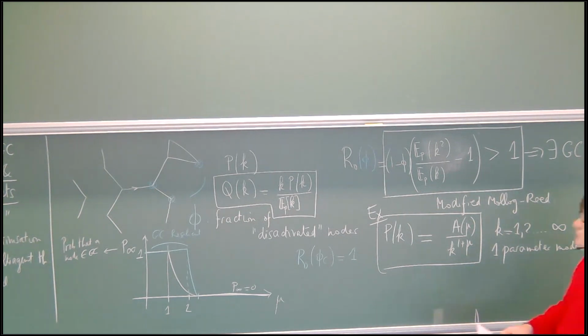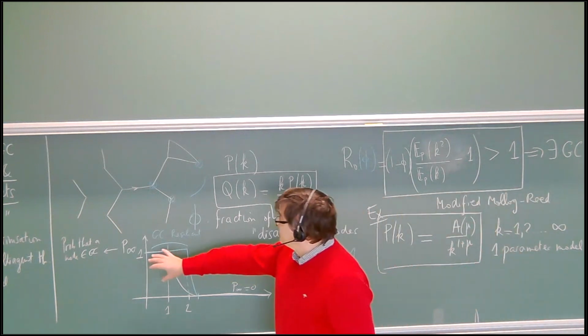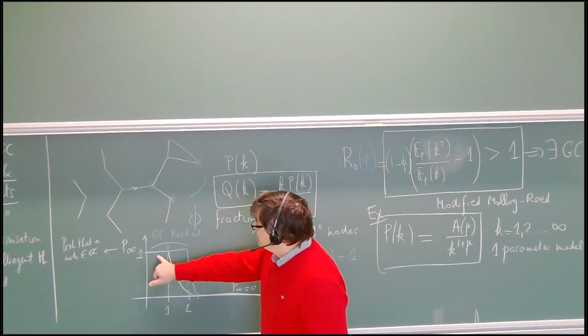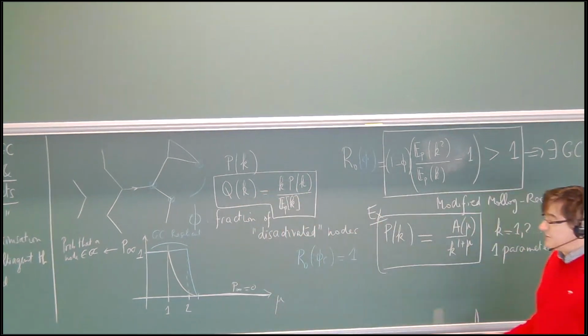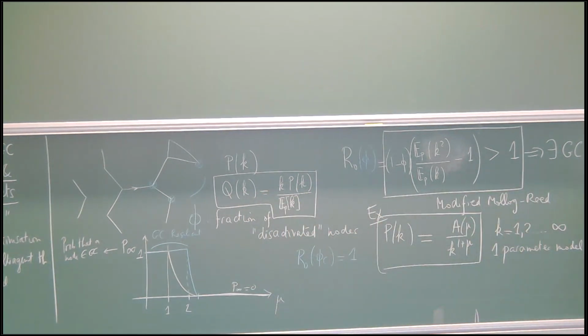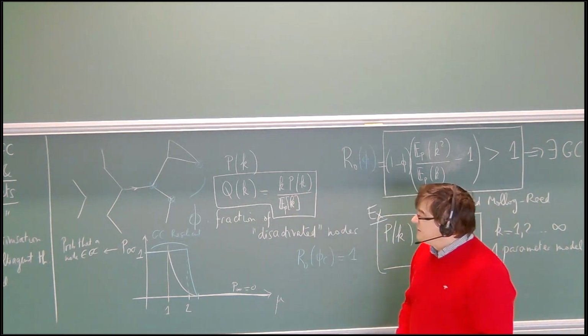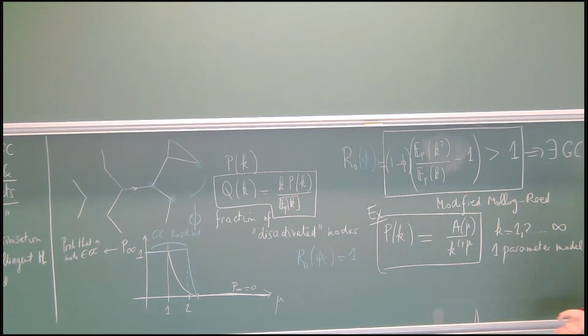And in a sense, it's intuitive. It's related to what I told you here. I told you that the P infinity is equal to 1 in this region because of the hubs. So if you target the hubs, then you're going to remove the giant component much more efficiently. And the idea of targeting the hubs is a little bit what's contained in here. In an electrical grid, it's sometimes public information, the topology of the network.